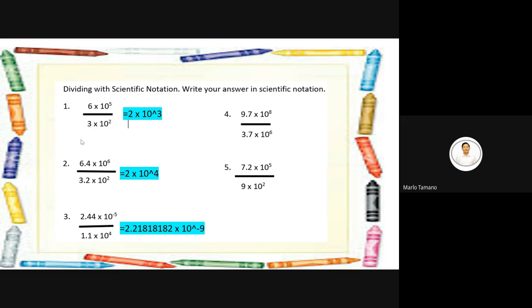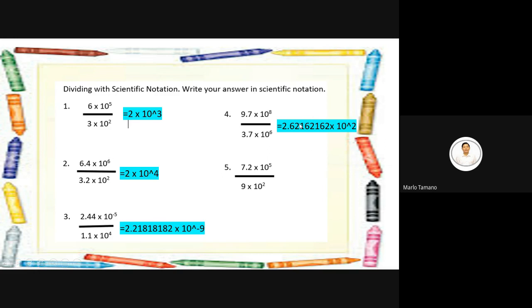Pwede ninyong putulin na up to 3 decimal places lang kapag repeating decimal. 2.621 po times 10 to the second power. Okay? So 2.6216 times 10 to the second power. That is correct. Pwede natin putulin hanggang 3 decimal places lang po.